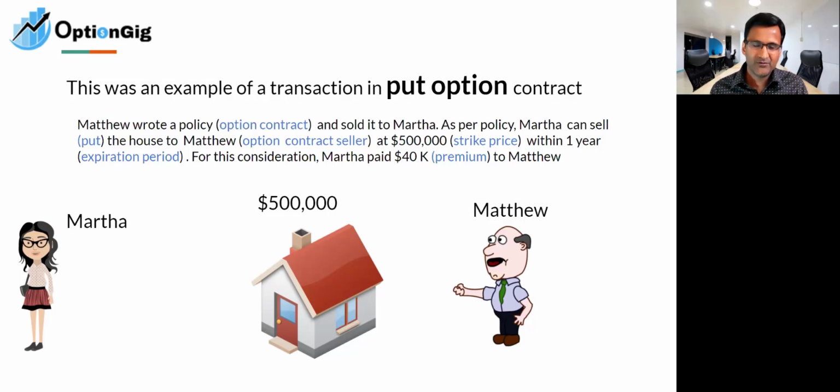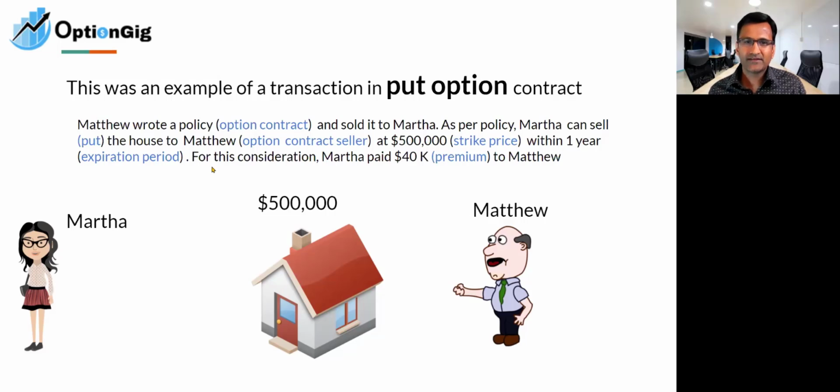After 1 year, when the clock ticks over at midnight, it's gone. If your house gets damaged a minute after midnight, sorry, your policy expired. You don't have that privilege anymore. So this is valid only up to a certain date and time, and that is called the expiration period.